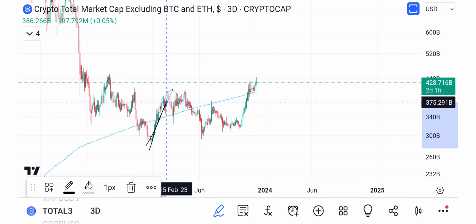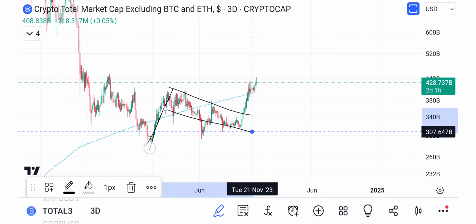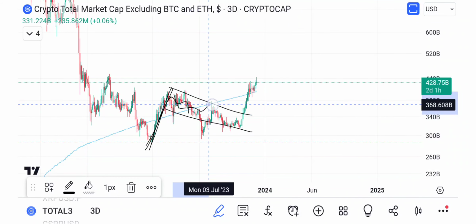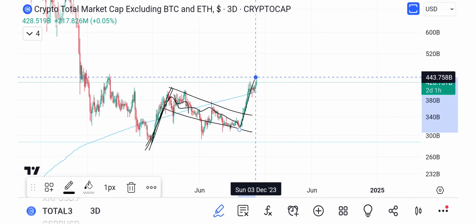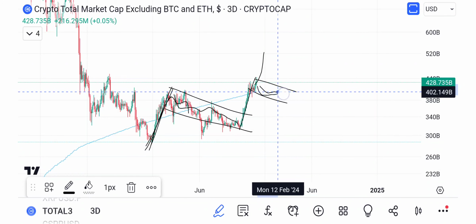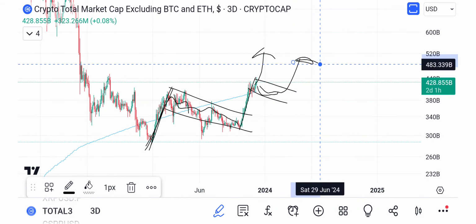So anyway, I really like this pump right here. This pump right here was nice. And then what happened? We went down into this bull flag. So boom, and then we consolidate. We impulse to the upside, we consolidate, pull back to the downside. Then what happens? Boom. So what can we expect to happen? Maybe a little pullback, or maybe we continue higher, right? But either way, I'm expecting more upside.